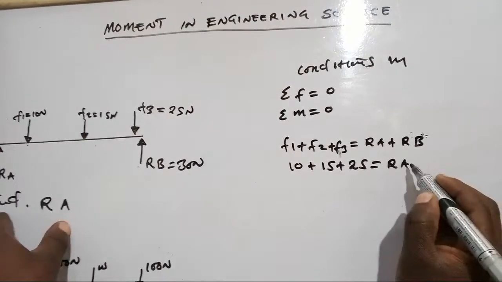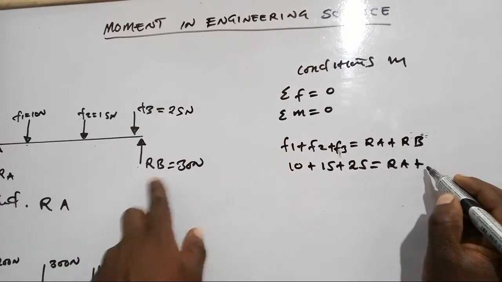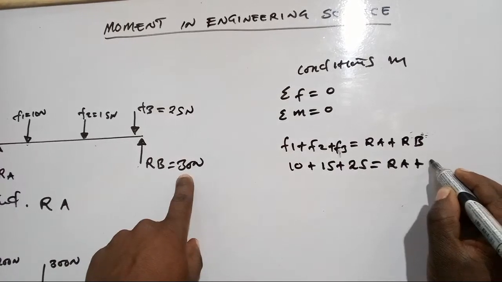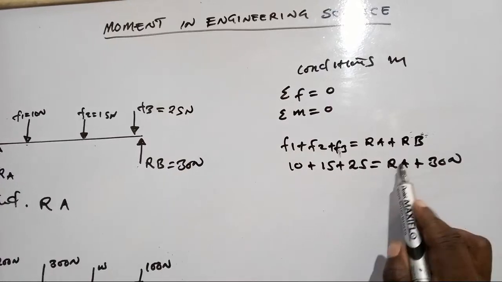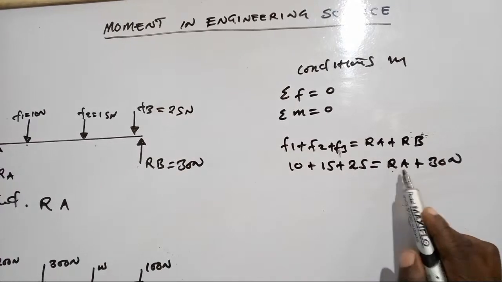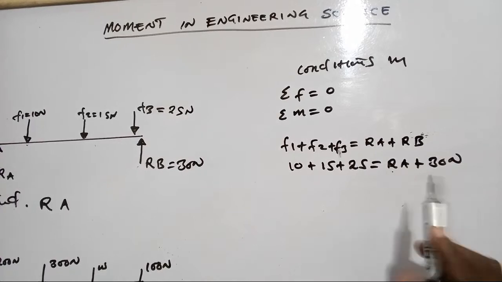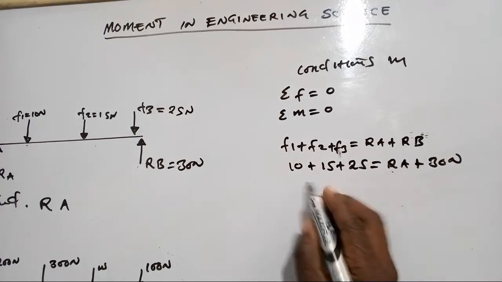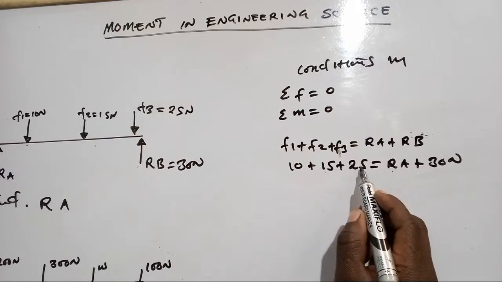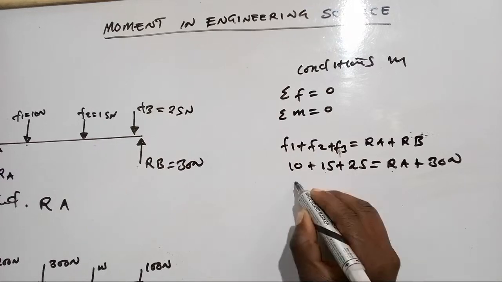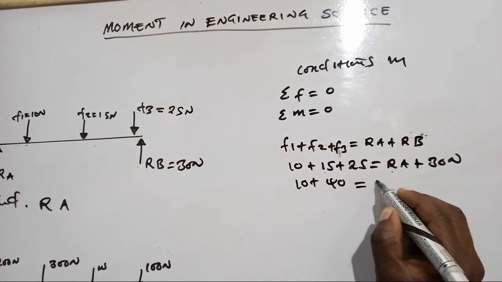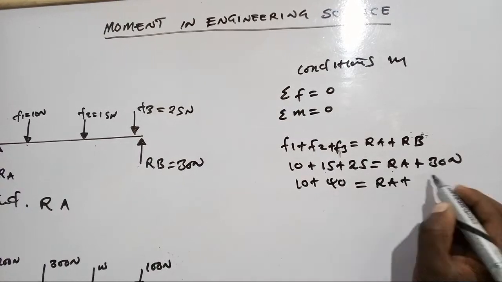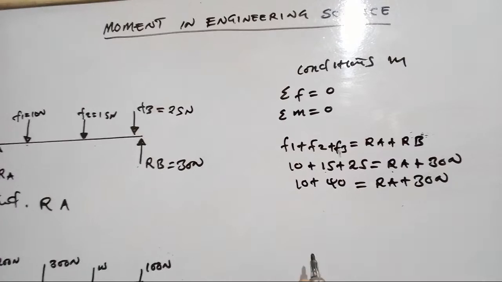Because we are looking for Ra, Rb we have 30 Newton. Here we can't add because there's a variable. It can be x or any variable. Here 15 plus 25 is 40. So we have 10 plus 40, which is equal to Ra plus 30 Newton.